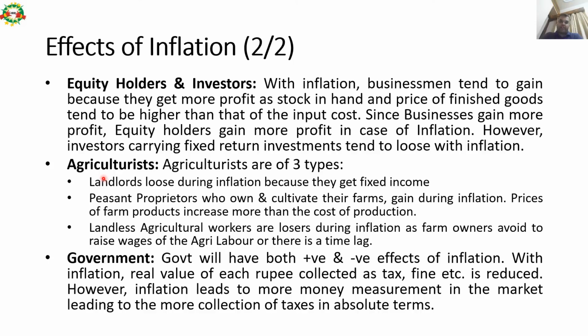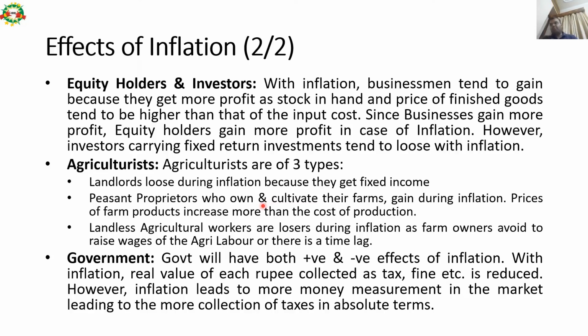If we talk about agriculturists, agriculturists could be of three types. Landlords normally lose during inflation because they get some fixed income. Peasant proprietors who own and cultivate their farms gain during inflation because prices of farm produce increase more than that of the cost of production. Rent remains constant, or it gets increased after some time lag.